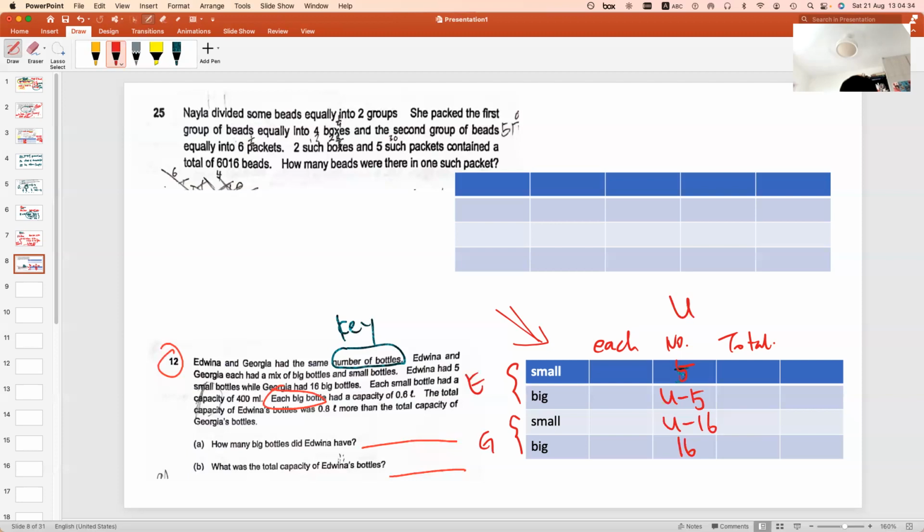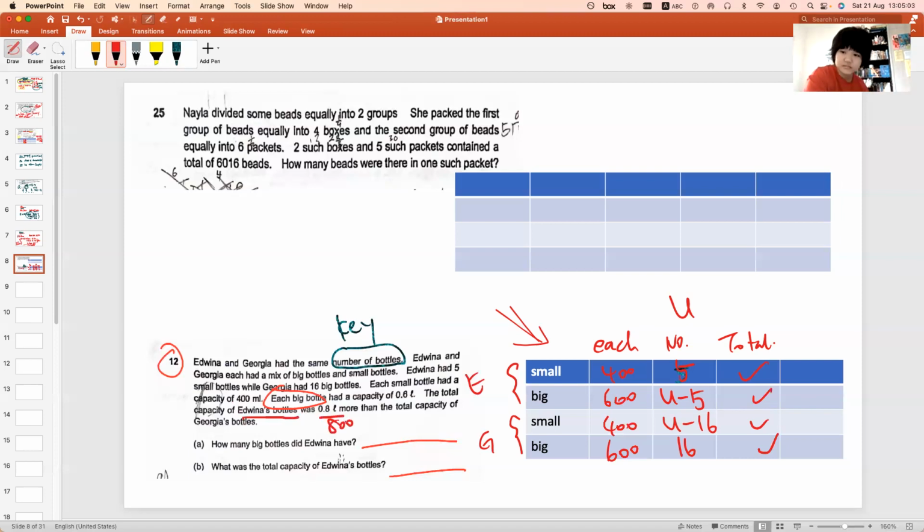Once you get this, then you get the rest. Each small bottle had a capacity of 400, so the big bottle is 600. I don't have to continue already. You need to find out the total for each of these. Then make use of the total capacity at Avina's being 800 more.